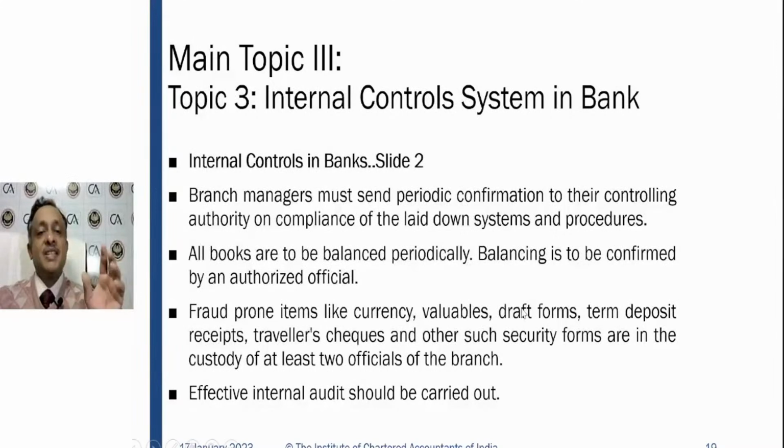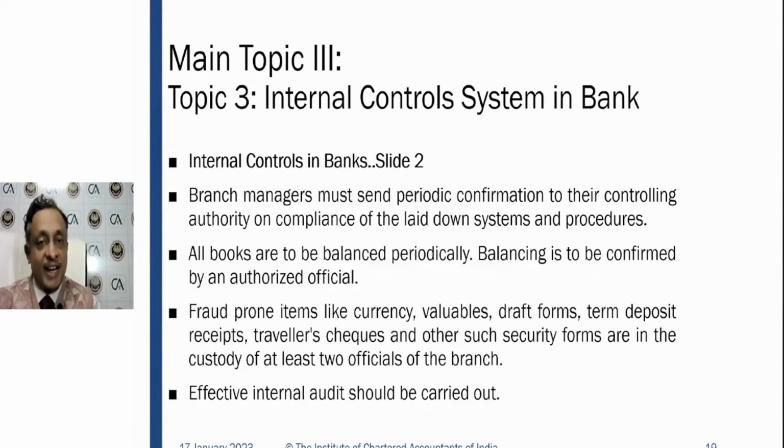Then branch manager must send periodic confirmation to their controlling authority on compliance of laid down system and procedure. Please understand, each branch has to send what we call some daily reports, some monthly reports to their controlling office. So I'm just reading the names of the reports. Probably you must have read them.